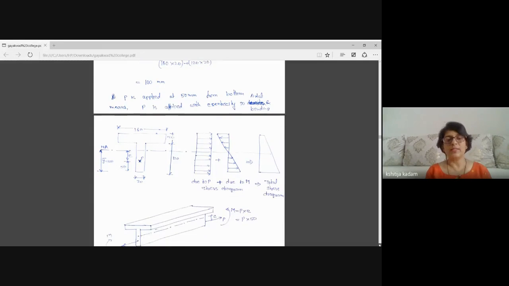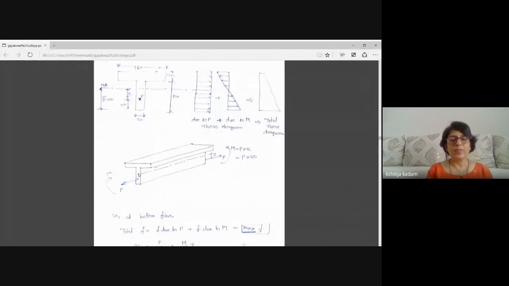Right. Now you visualize the entire beam. This is the beam, which has a neutral axis shown by a dash dot line. And P is applied at the bottom of that. So you will observe that the top fiber will experience compression and the bottom fiber will experience tension.